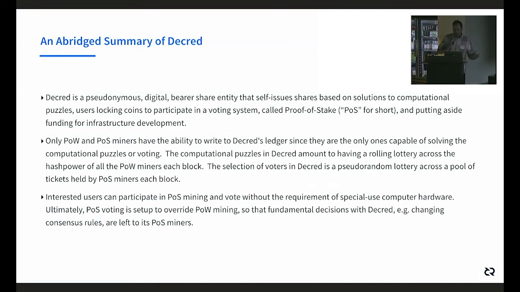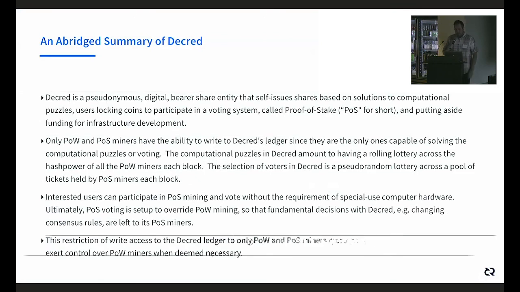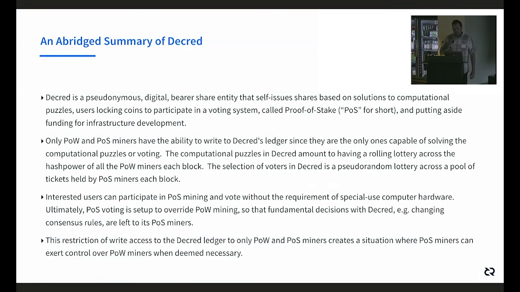So what we're trying to do here is just fix that problem so that the people who hold the coins are really the ones in charge, not necessarily the people who own this mining hardware that's located somewhere in the mountains in China. So because of this write access problem with proof of work miners, they're really the ones in control, and we're just trying to do what we perceive as right the ship.